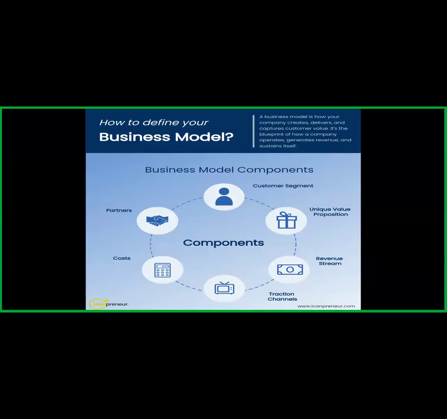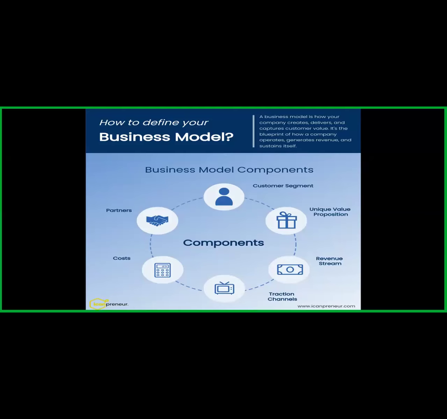What are the components of a business model? When a person thinks that he should be coming up with a business model or a new business, at that particular time, certain components are essential which the person should be aware of. And what are those components that we will be discussing?